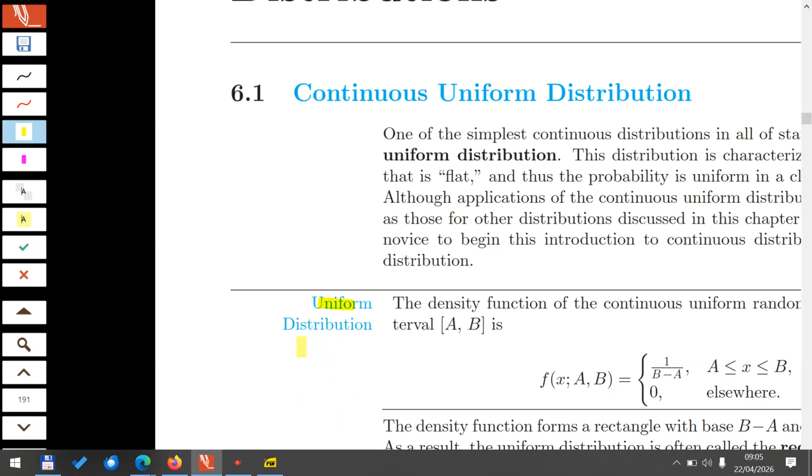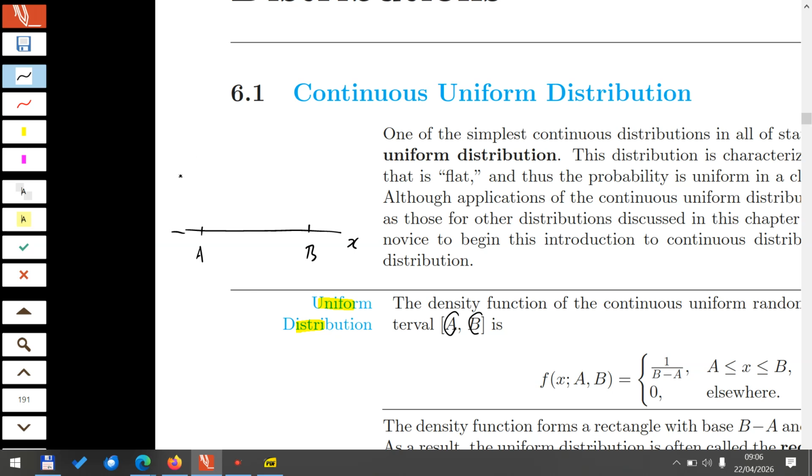Uniform. The reason we call it uniform is that if we think of an axis along which you have these values, this is a real line, and we use x for the possible values. And let's say, for sake of simplicity, the possible values are in this interval. So you have a value a and then a value b, and the only possible values are in this interval, right?